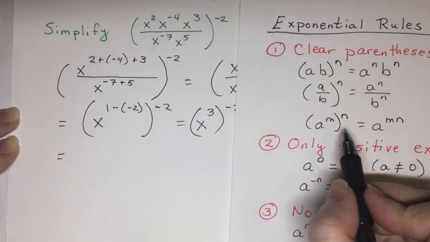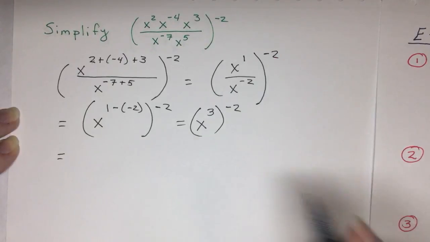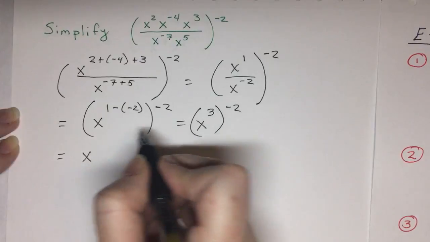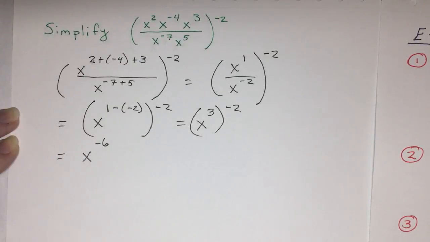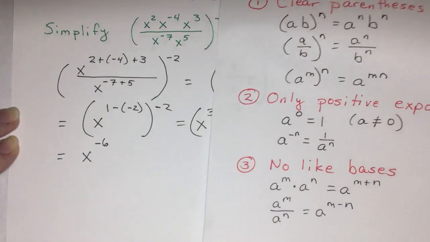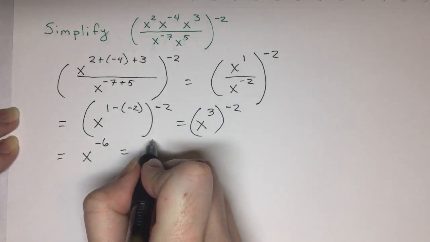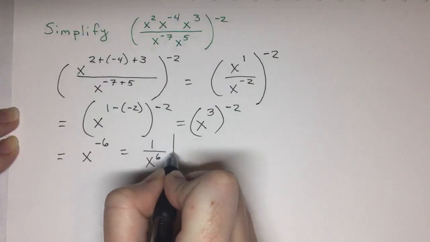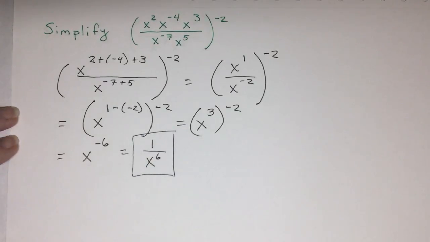Power to a power, we multiply. 3 times negative 2, negative 6. Only positive exponents, negative powers go to the reciprocal. 1 over x to the 6th. Exact same answer as before.